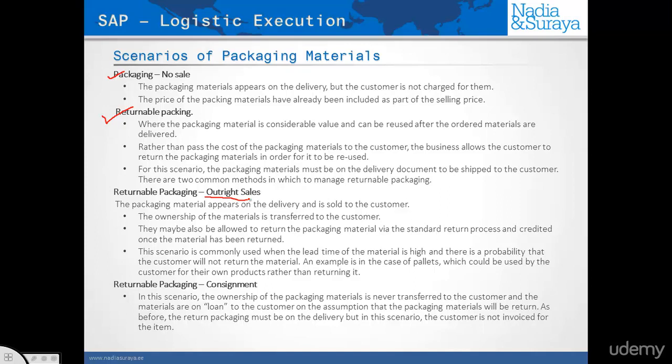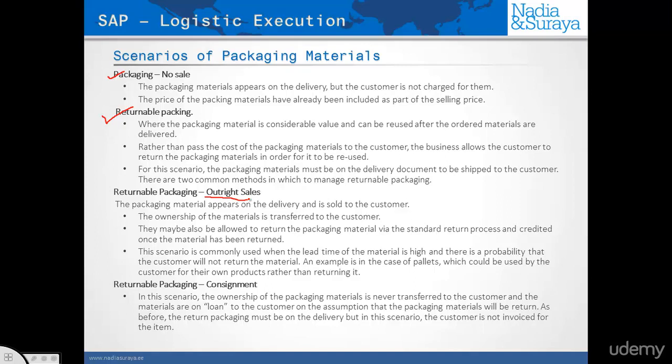I might also have a process to allow the customer to sell back the material, or the customer can just keep it. This is usually used when the value of the packaging material is not that high, or the customer may or may not return it. They might use it themselves. For example, if I sell the customer some pallets, they might want to use them in their own system and never return them to me. That's fine, I just sell them outright.